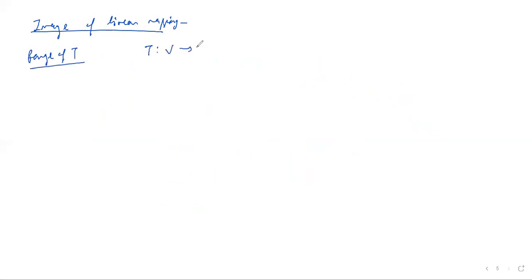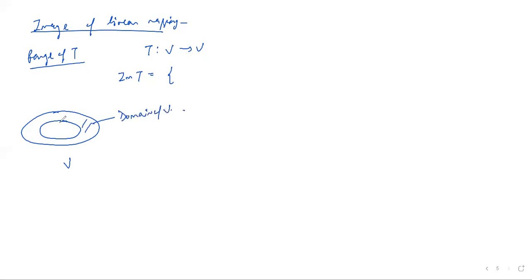Now, what is the image of a linear mapping? Let's see that. The image of a linear mapping, or you can say the range of T. If I have the mapping T: V to U, then the image of T is defined like this. Let's say this is my vector space V, and this area is the domain of the vector space.